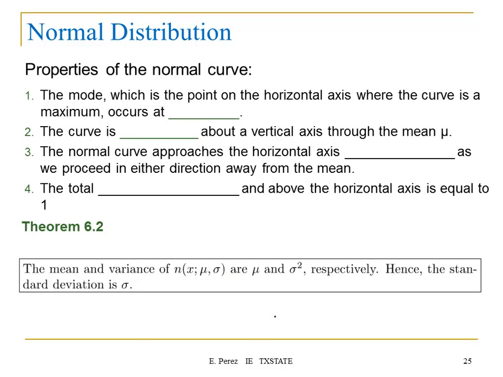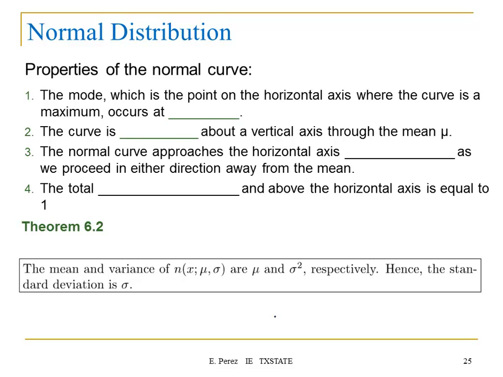Okay, so properties of the normal curve, the mode. Anyone remember what the mode is? Most frequent. Yes, we didn't discuss the mode in class, but it's the observation that repeats most in your sample.